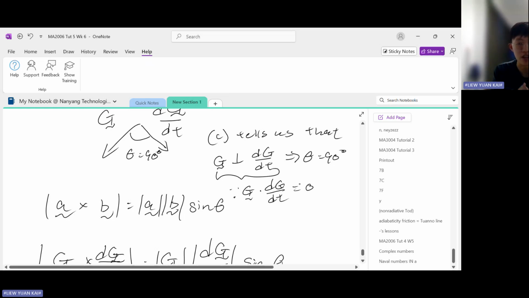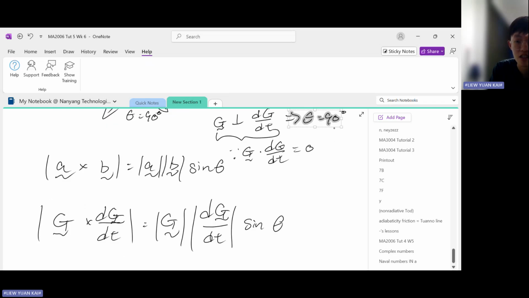Remember, if the dot product of two vectors is 0, that means these two vectors are 90 degrees apart. The dot product of two perpendicular vectors is 0. So once you know that G dot dg dt is 0, that means the angle of separation is 90 degrees.